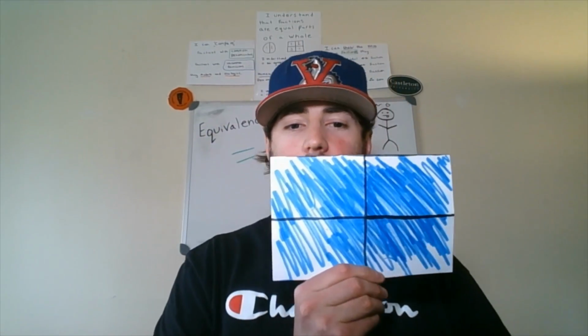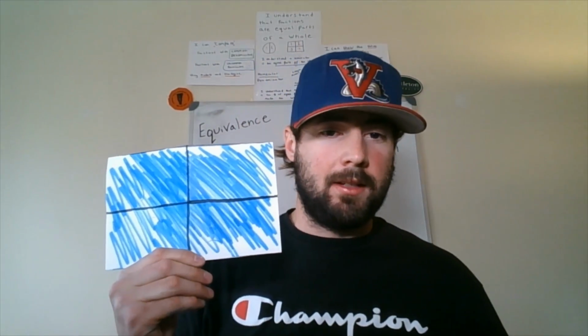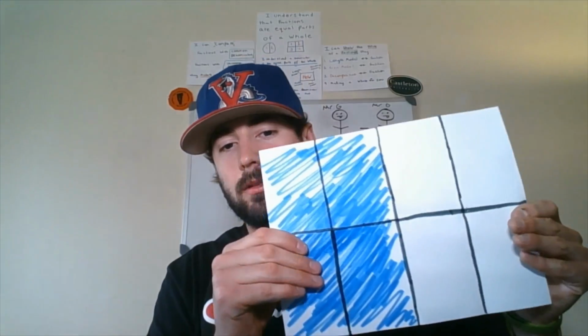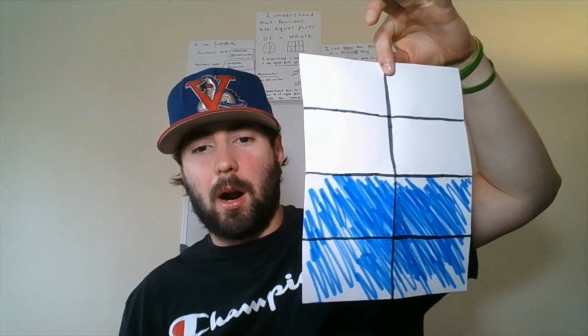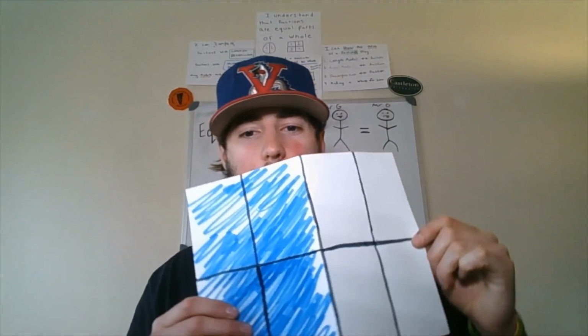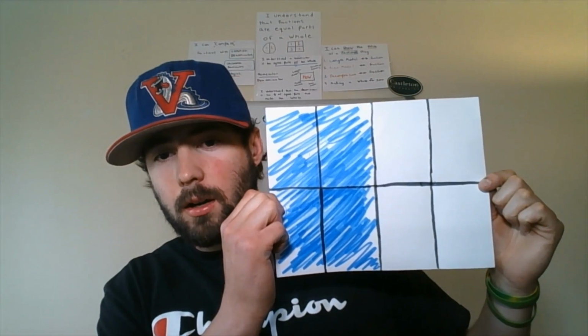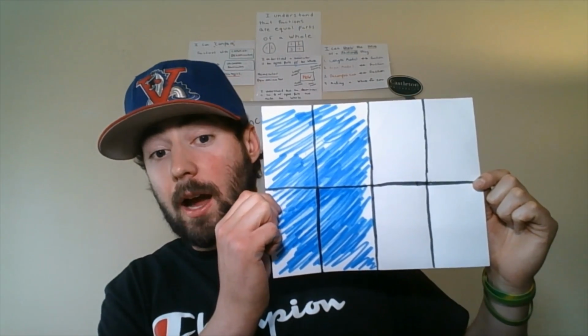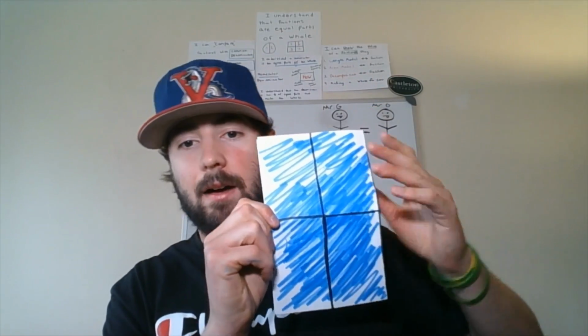I took that half and I then partitioned it into 4 parts. What happened was, because we're talking about the same whole, it also partitioned that whole into more and more parts. So when I broke that half into 4 equal parts that were smaller, this is smaller than the half.